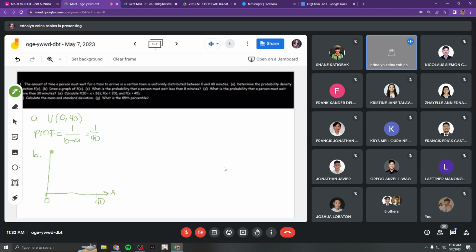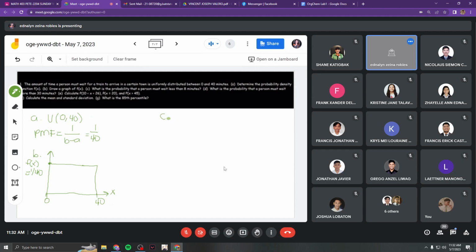And my f of x, based on the calculation above, is 1/40. And my f of x is constant all throughout the values in my given range. So this is the graph of this problem.